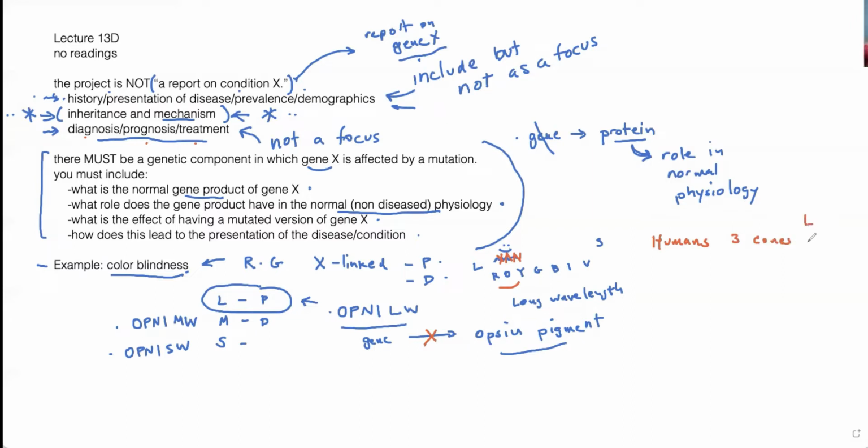You've got the long wavelength, you've got the medium wavelength, you've got the short wavelength. That is actually different from most mammals, like dogs, cats. They have only two cones. So they only have the long ones and the short ones, right?